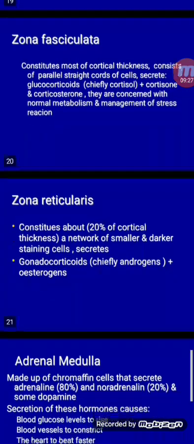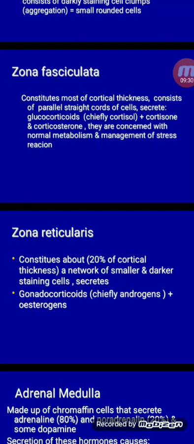Of the zones that form the cortex, zona fasciculata, most of the cortical thickness, consists of parallel straight courses of cells that secrete glucocorticoids, chiefly cortisol, cortisone, and corticosterone. They are concerned with normal metabolism and management of stress reaction.